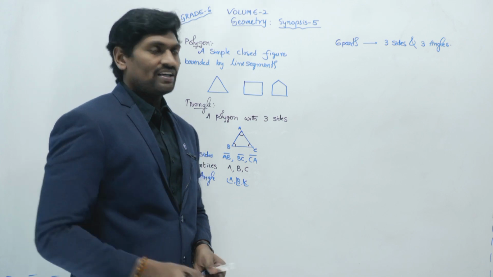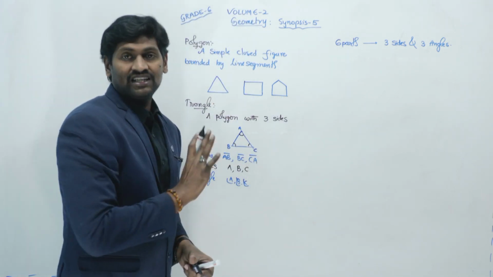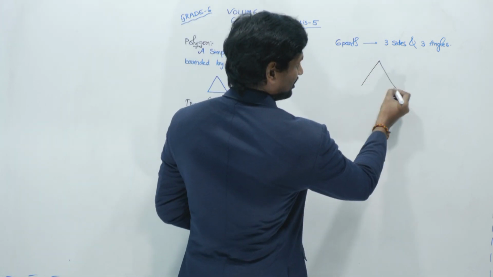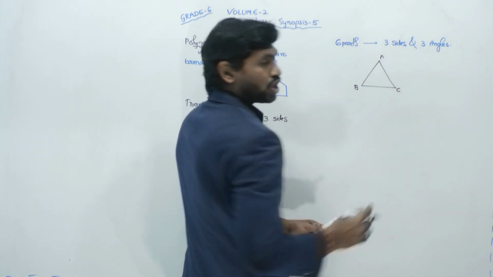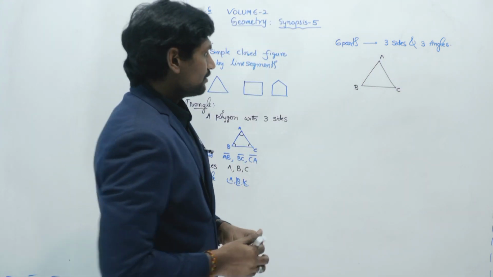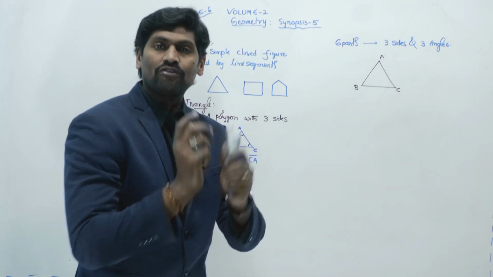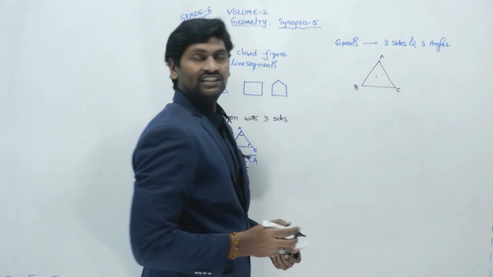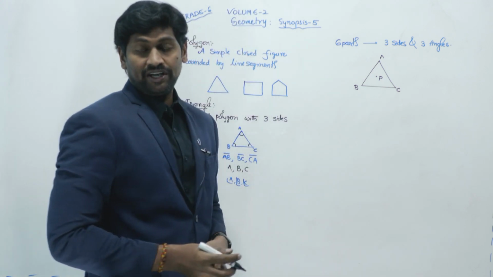Now let us discuss the triangle. While you are observing this triangle ABC, the place which is inside the triangle is called the interior part of the triangle. If you take any point inside the triangle, it is called an interior point.